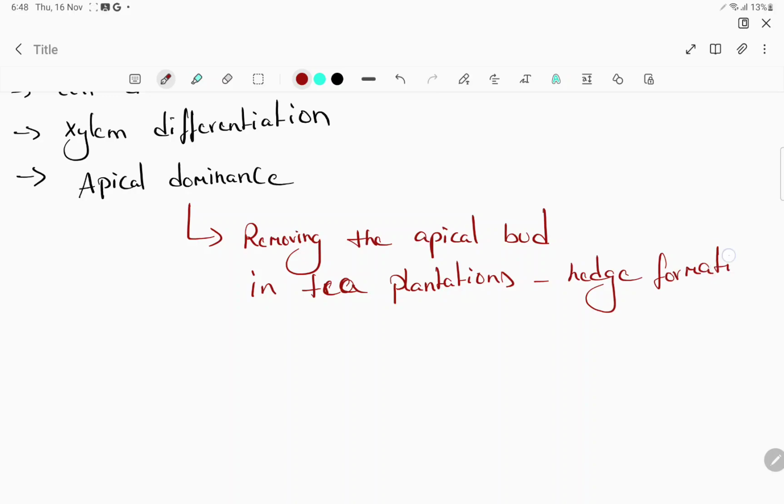This is the application for removal of apical bud. Next, afterwards, remember about the flower. Initiating flowering in pineapple.